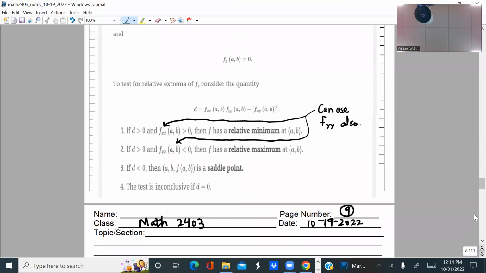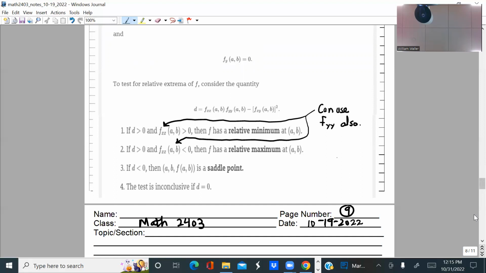Notice there's kind of a recipe. You have to calculate the second partials, and we're going to plug them into this formula and calculate a value that is always referred to as D. Notice the way D is computed: take the product of the second partial derivatives, remember those things are supposed to be continuous, and then you subtract off the mixed second partial derivative squared.